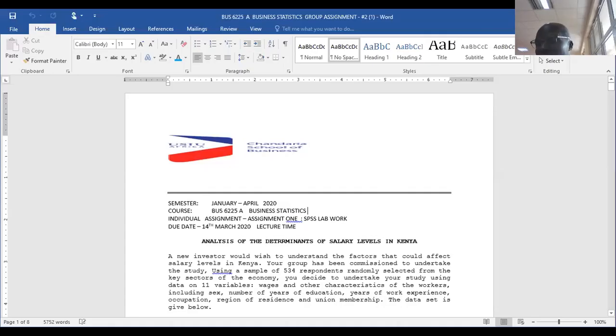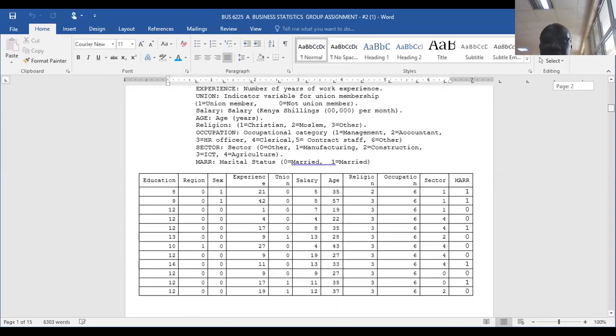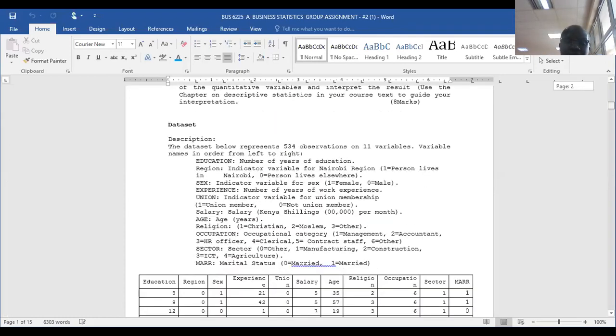Let me share this. This is just another sample data set. It's not for you anyway, but it's the same, it's a sample data set. Are you seeing what I've shared there?